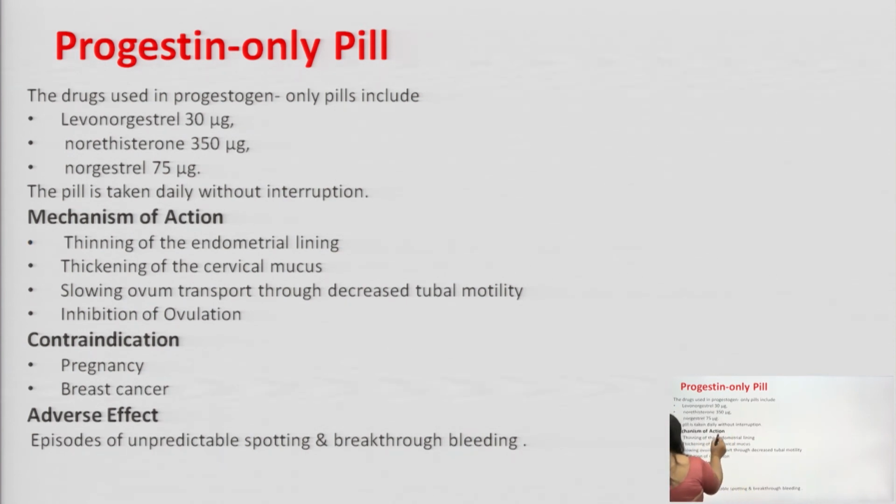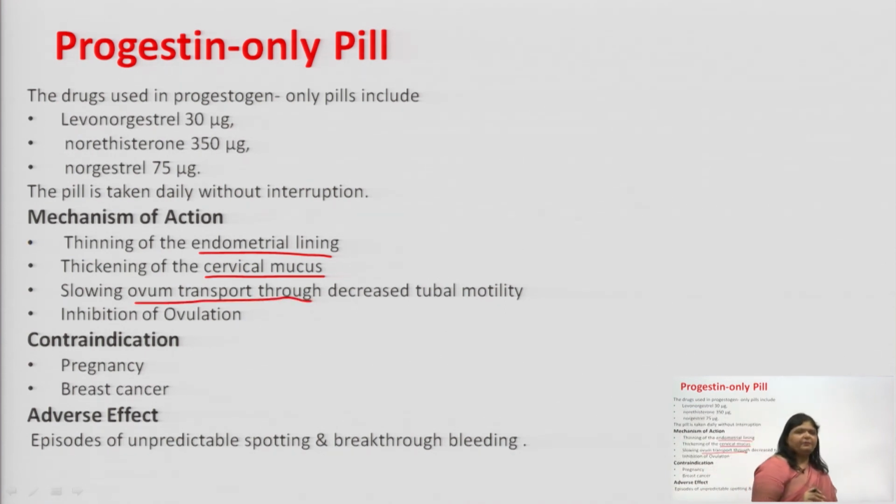And the mechanism is that it leads to thinning of the endometrial lining, and the cervical mucus becomes thick. So, जब thickening हो जाएगी, so what will happen, ovum का transport, fallopian tube की motility वो decrease हो जाएगी, and the ovum will not be transported, and that will lead to inhibition of ovulation. So, that is how this progestin only pill works.